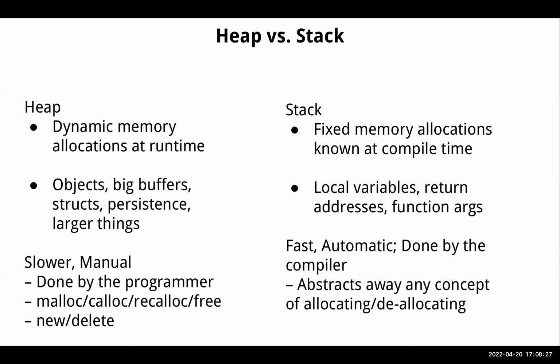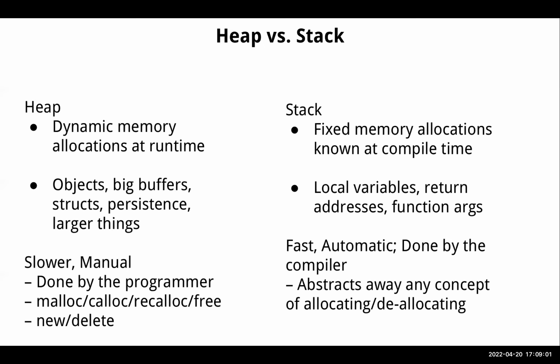You either define a structure, an array, something like that, whose size is known by the compiler. So the compiler can allocate space at compile time. Stack is usually for local variables, return addresses, and function arguments. Stack is fast, and also stack is automatic. You don't have to explicitly manage the life cycles of variables on the stack.